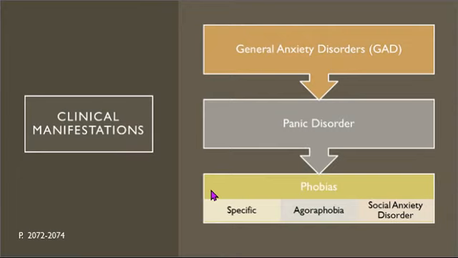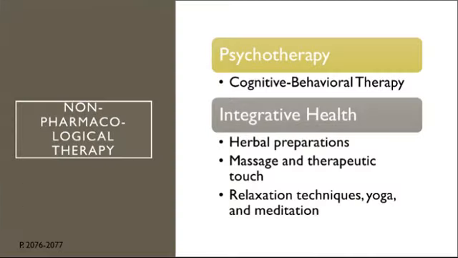Again, the pharmacological therapy on page 2076, I'm going to cover in a separate blurb after this. We're going to go into your non-pharmacological therapy. Mostly that's on page 2077: cognitive behavior therapy, herbal preparations, massage and therapeutic touch, relaxation techniques, yoga, meditation.